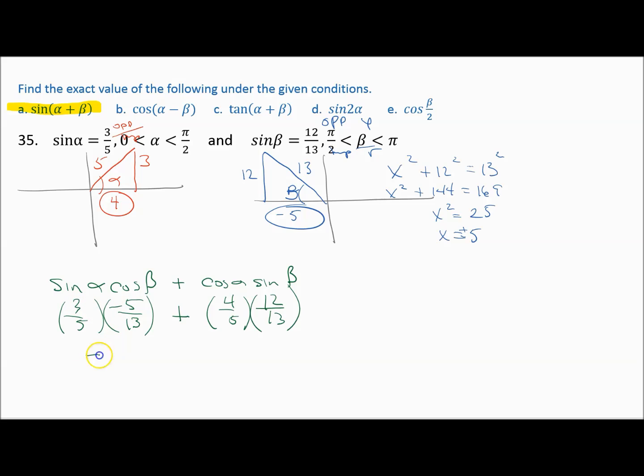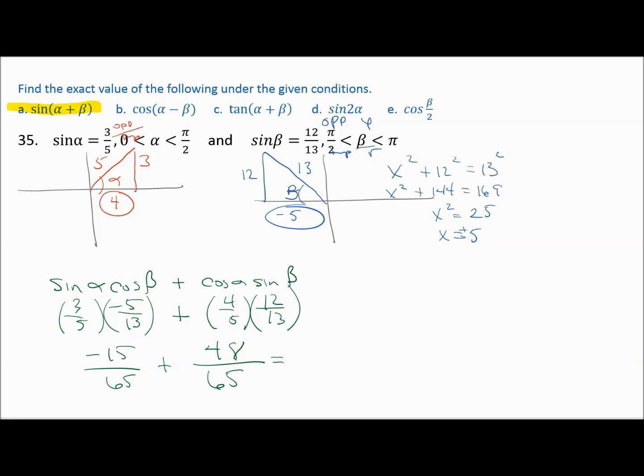3 times negative 5 is negative 15 over 5 times 13 is 65. Now that'll reduce, but I don't want to because I won't have a common denominator potentially anymore. So 5 times 13 is 65 there. 4 times 12 is 48.